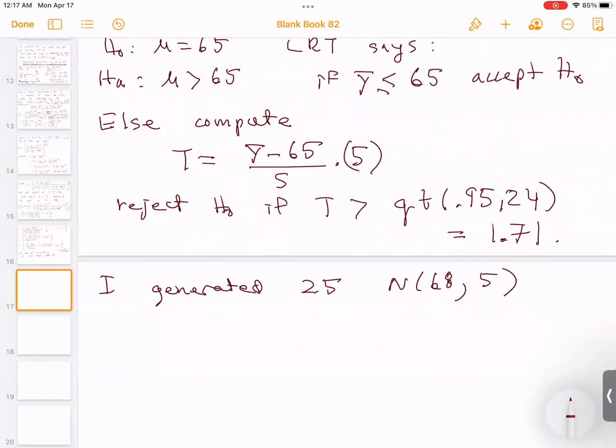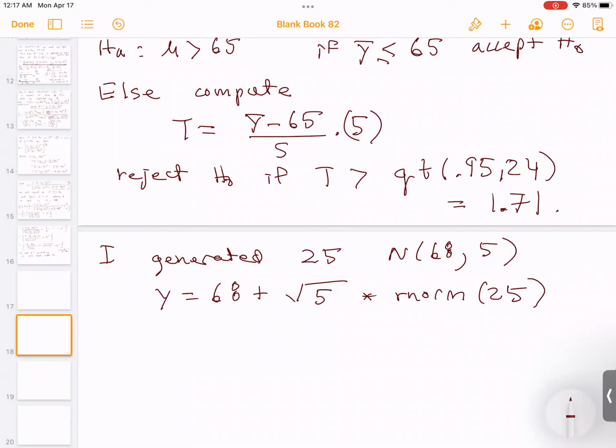So I wrote y equals 68 plus square root 5. You actually have to type sqrt there, right? Times rnorm 25. And then I found the mean.